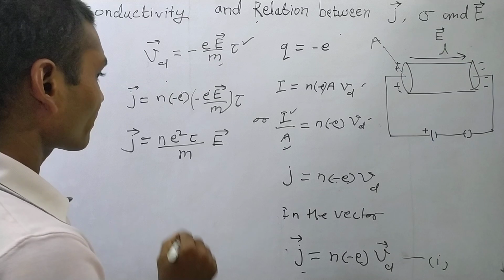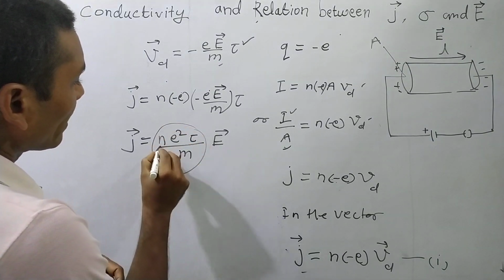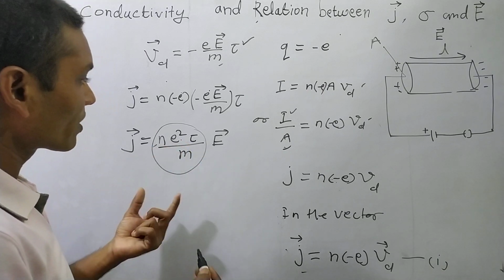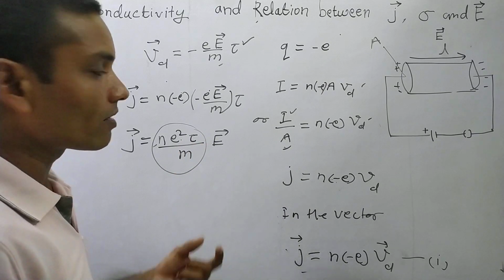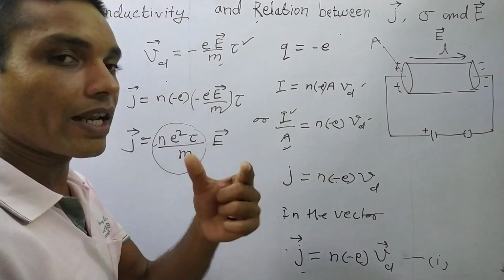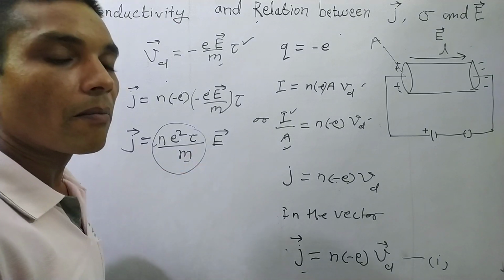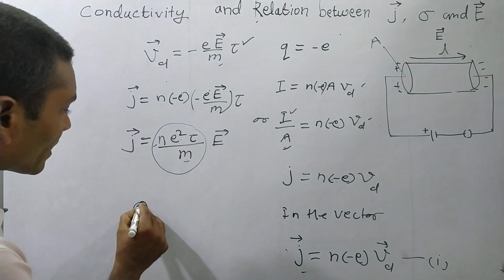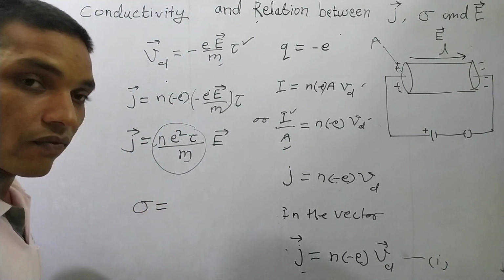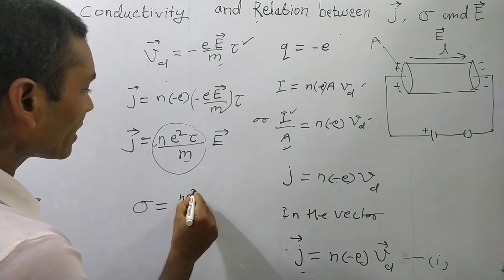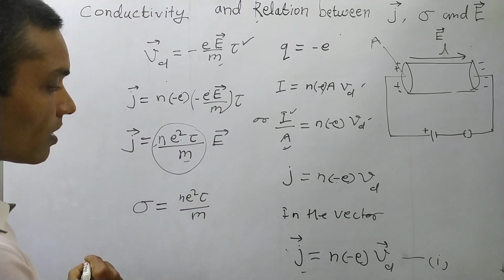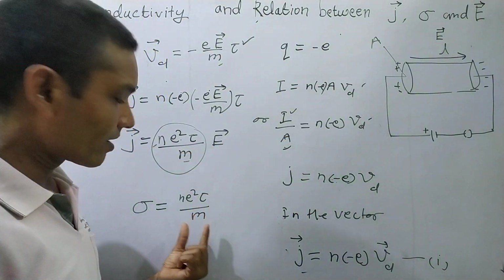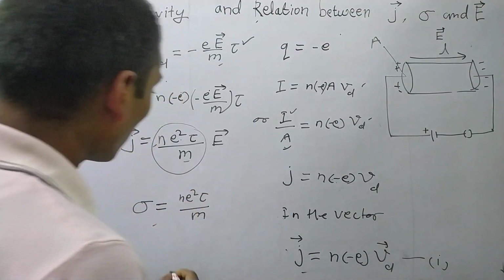Here n, the number of electrons, is constant, e the charge of the electron is constant, tau is the average relaxation time, and m is the mass of one electron. And you know the expression for the conductivity is sigma equal to n e square tau upon m. In the previous step we had already studied this.